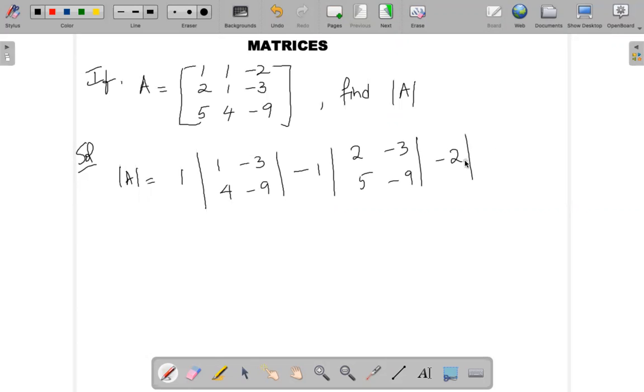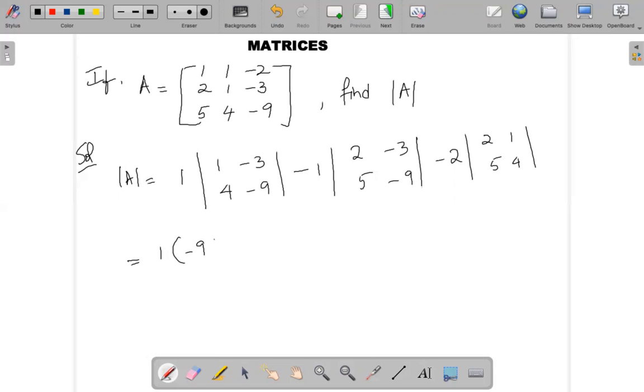That will be 2 1, 5 4. Let us do that. So what is it? 1, so it will be minus 9, and minus of minus plus.